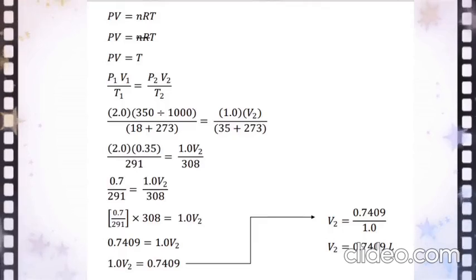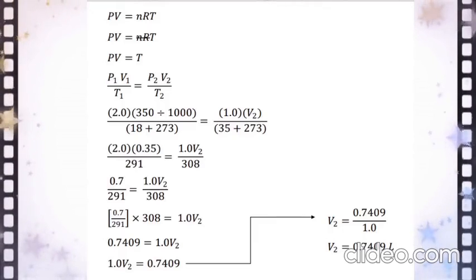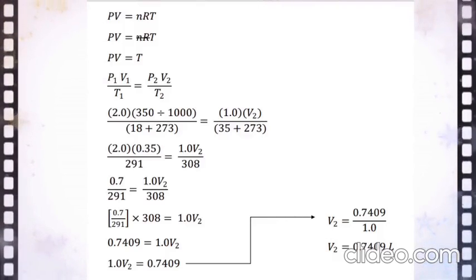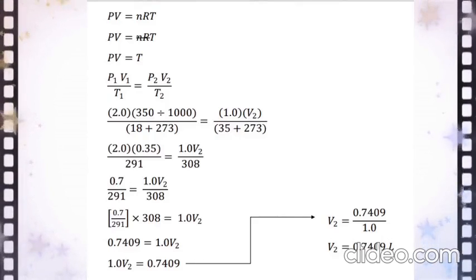The value becomes 0.7 over 291 multiplied by 308 equals 1.0 V2. After that, the value becomes 0.7409 equals 1.0 V2.